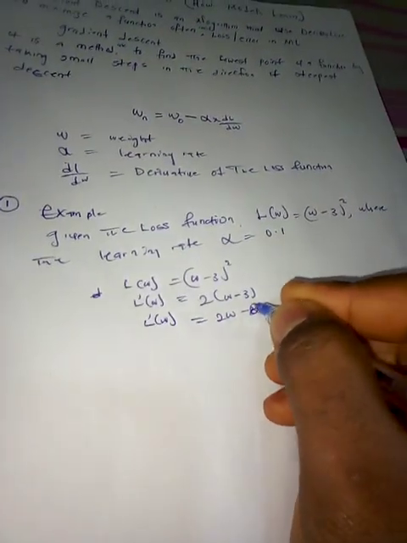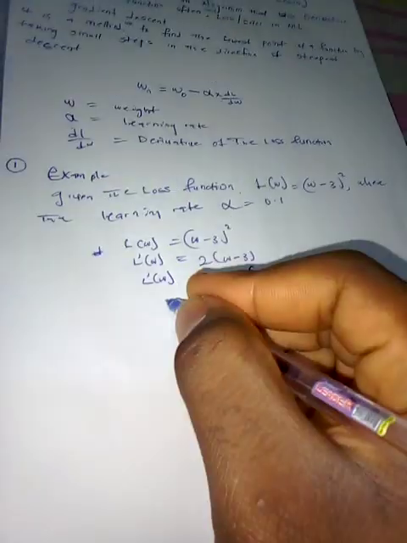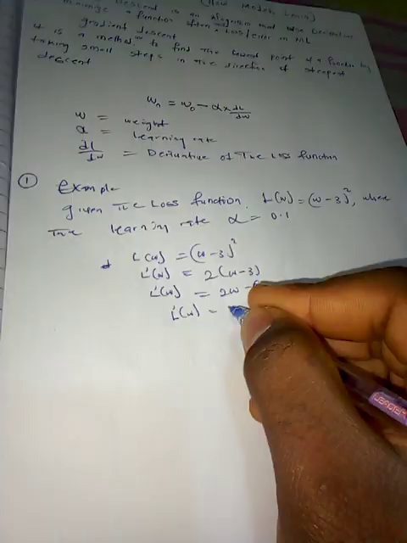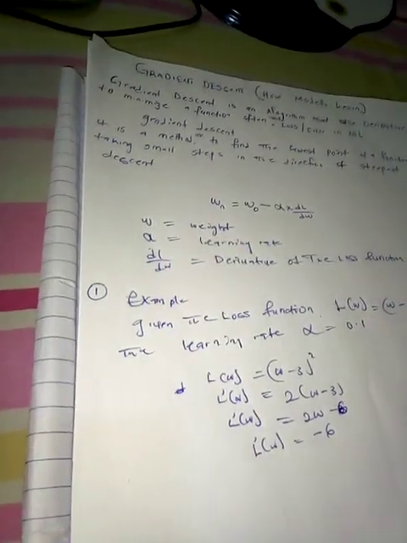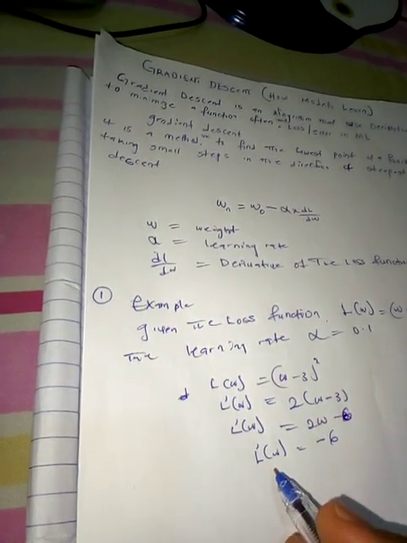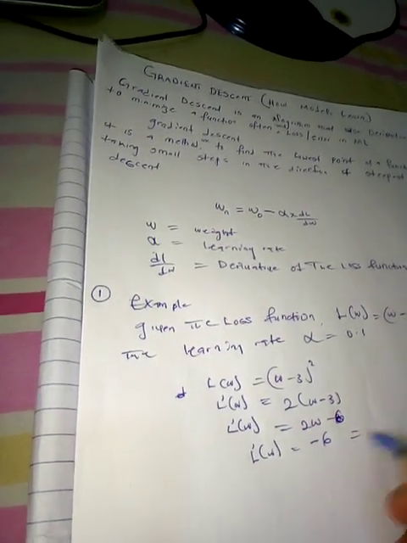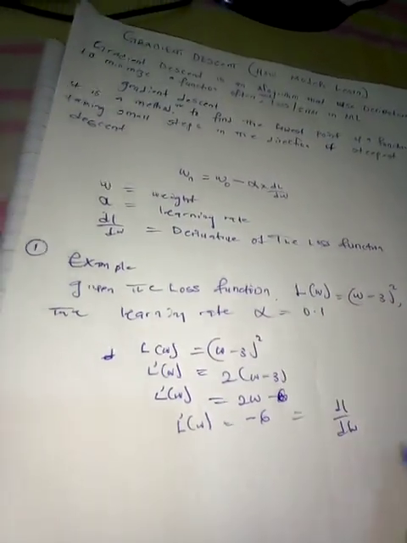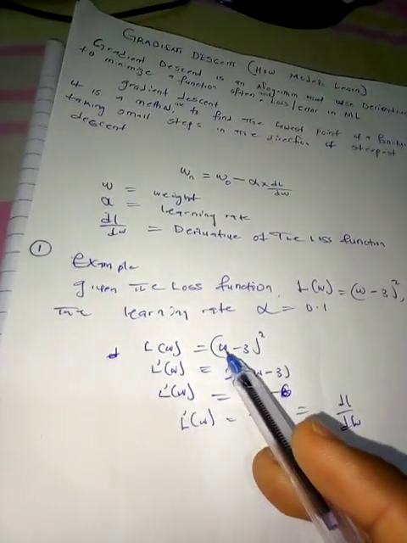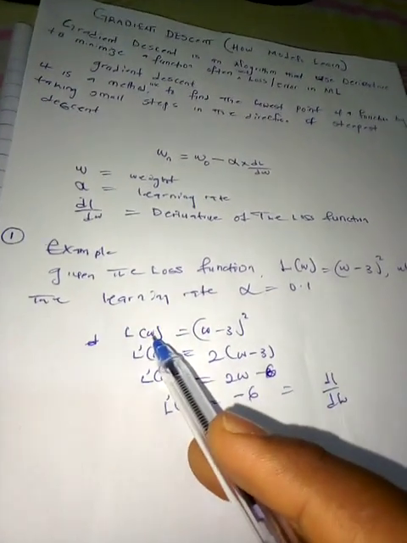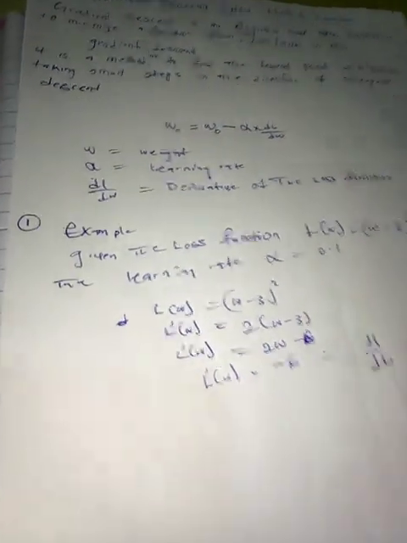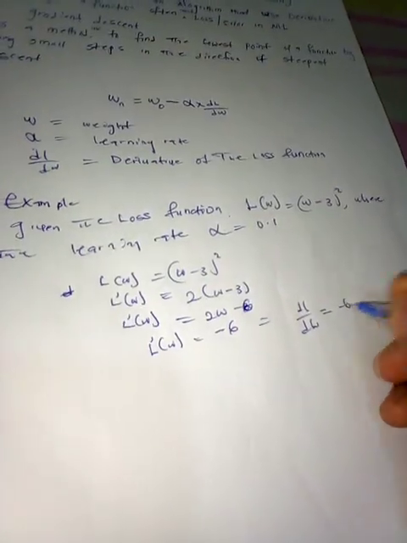Here our W is 0, so L prime of W is equal to minus 6. This L prime of W is also the partial derivative of L over W. Remember, we're differentiating L with respect to W in this equation. So the partial derivative of L over W is equal to minus 6.